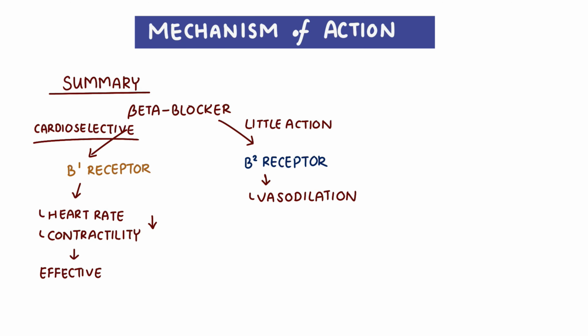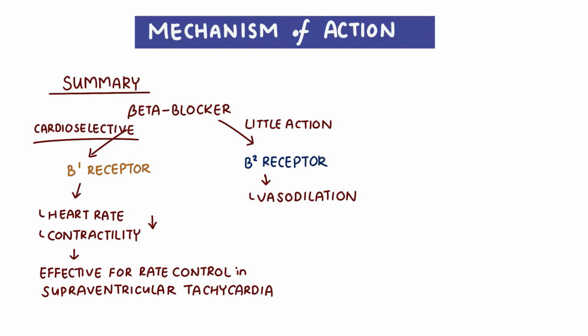This makes them highly effective for rate control, especially in cases of supraventricular tachycardia. On the other hand, the beta 2 receptors, when activated, primarily cause vasodilation. Since beta blockers have little action on these receptors, this effect is not a primary concern for cardioselective beta blockers.